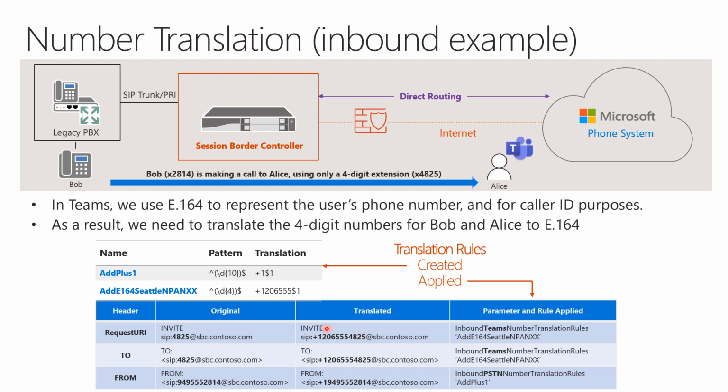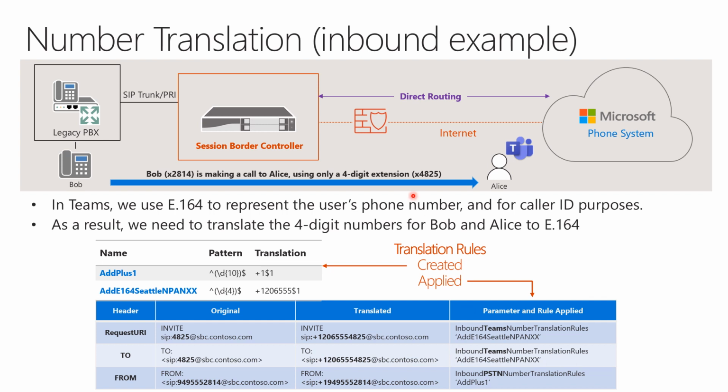And when this makes it all the way through the Teams service, we can see that that is Alice because that's Alice's fully formed phone number, right? The same thing happens with the To header because this is who the call is destined to. The To is the 4-digit number. I use the translation rule to make it fully formed as E.164 because I'm using that inbound Teams number.